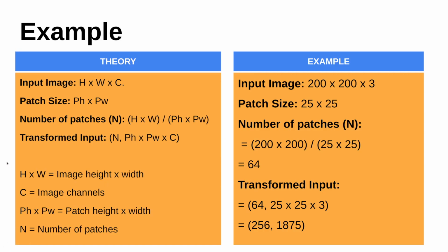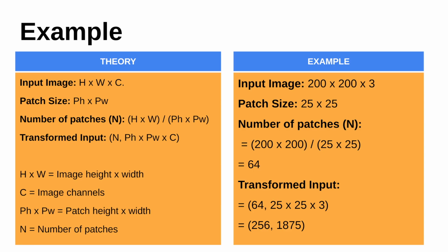So here's a simple example where on the left side I have written the theory, basically the formulas, and on the right side we have an example. First we have our input image, that is H by W by C. In the example we have an input image of 200 by 200 with 3 as the number of channels. Then we have our patch size, which we decide initially.